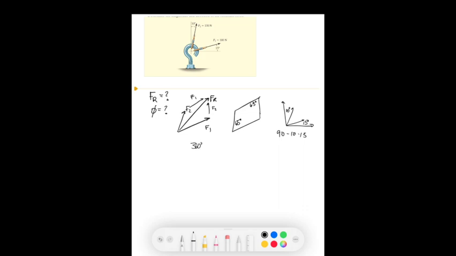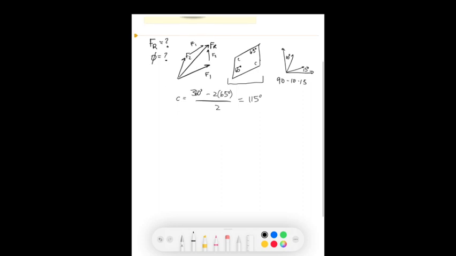So this angle over here, which I'm going to call C, is going to be equal to 360 degrees, which is the total amount of degrees inside the parallelogram, minus 2 times 65 degrees, and divide by 2, because this will be the same angle over here on the other side. And we see that when we do that, that angle is 115 degrees. So we know that angle there, C, is 115 degrees.